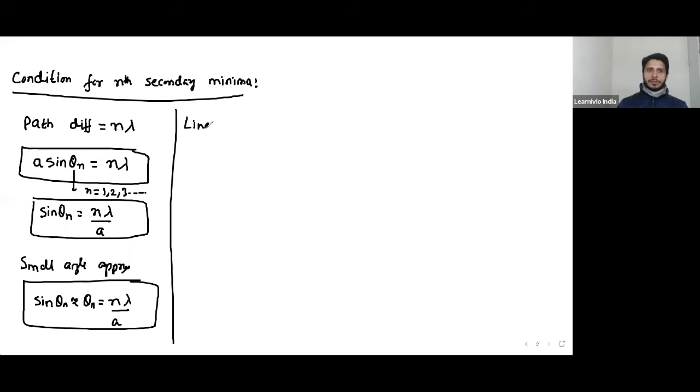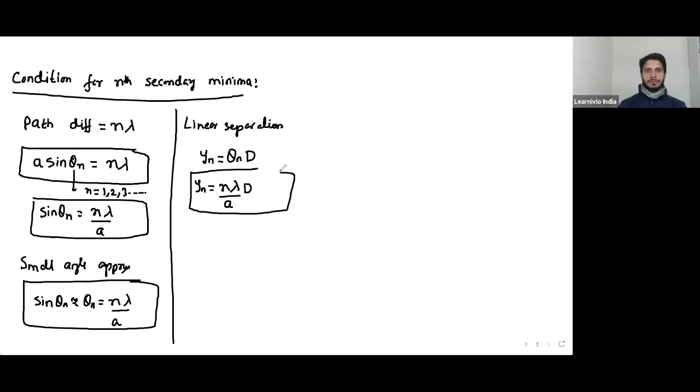If you want linear separation, you can use this thing that linear separation yn is angular separation multiplied by D. So you can write that your linear separation is angular separation, which is n lambda over a multiplied by D. But again, this is valid only if you have small angle approximation.